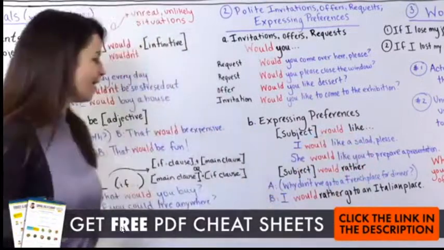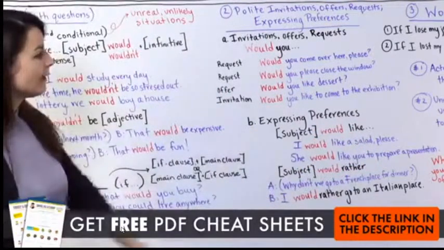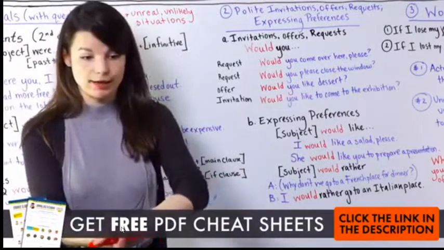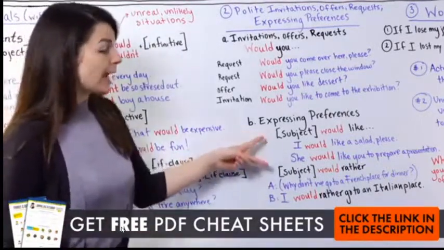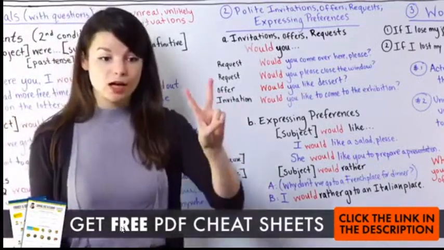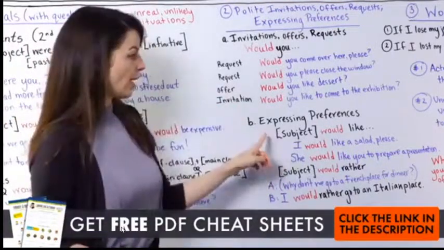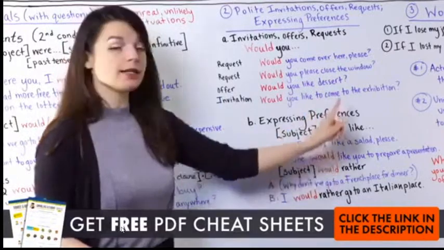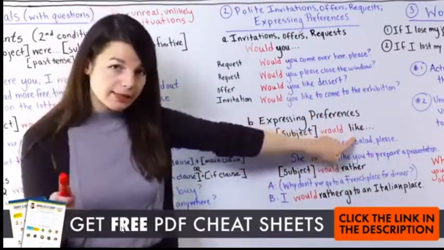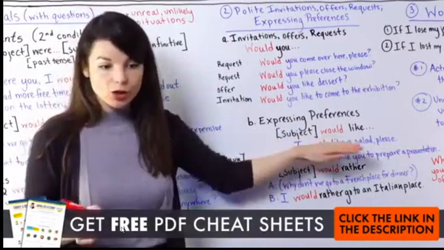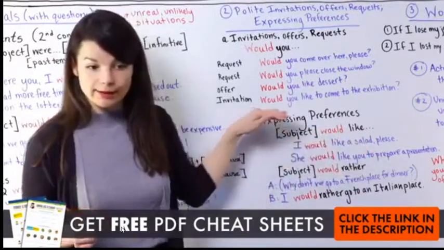Okay, onward. Let's go to expressing preferences. Part B, expressing preferences. I have two patterns I want to talk about here with would. They are subject and would like. So yes, please keep in mind this pattern uses would like as we practiced here.